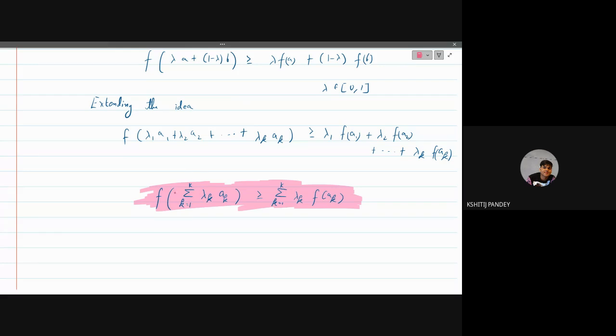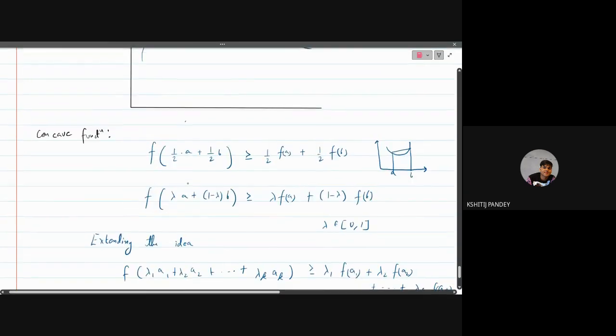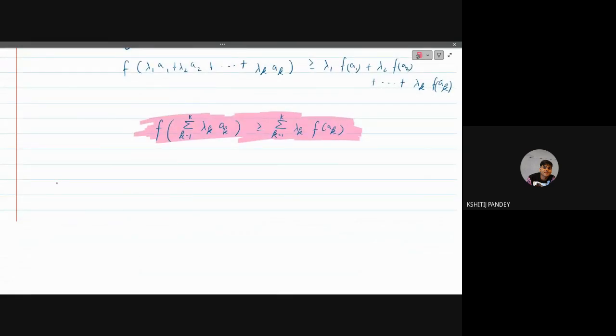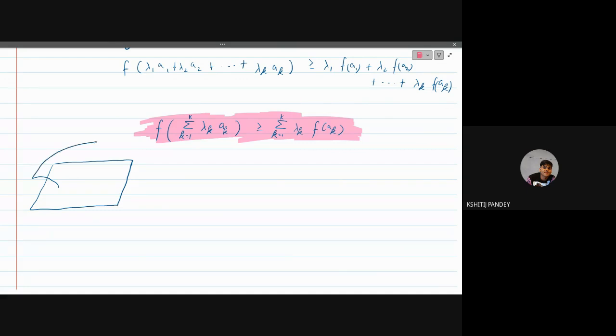Well, what's the geometric interpretation of this? In 2D we have looked at this. We can look at 3D. Let's say this is your plane, and the function is like this. You can think of it as a 3D dome. The diagram may not be very good here.